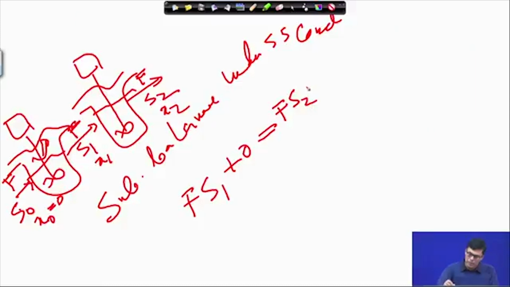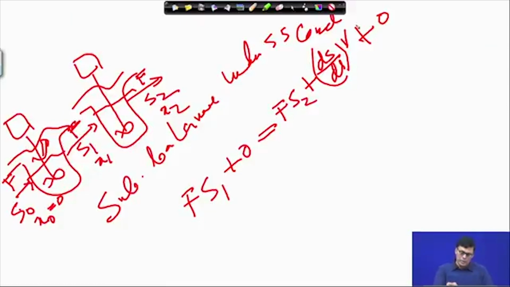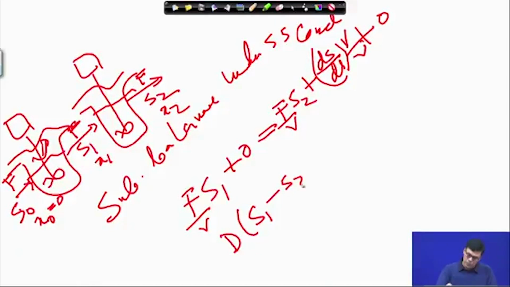And what is the rate of substrate consumption? It is ds by dt times V, and the rate of accumulation will be equal to 0. Am I right? So, if you divide both sides by V, we can write D times (S1 minus S2) equal to the consumption rate, ds by dt, which we have shown you before.